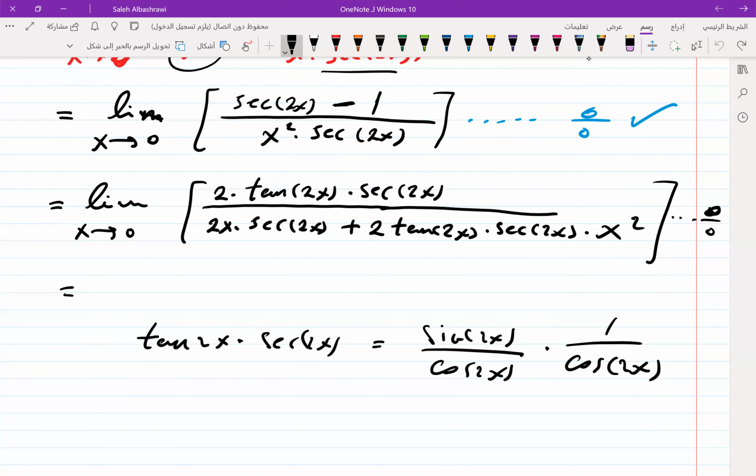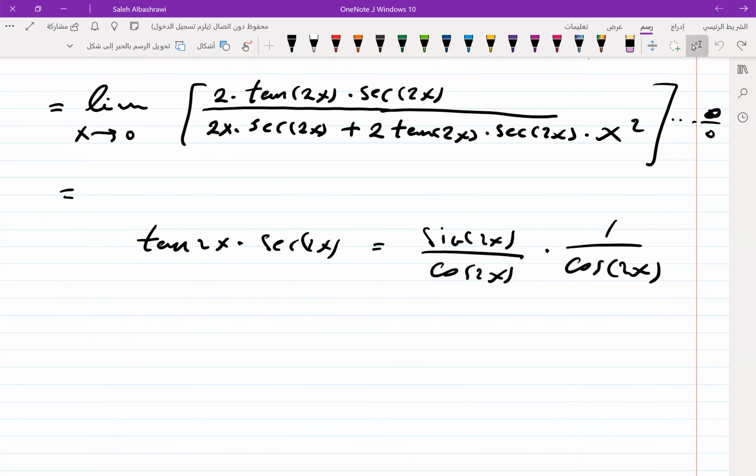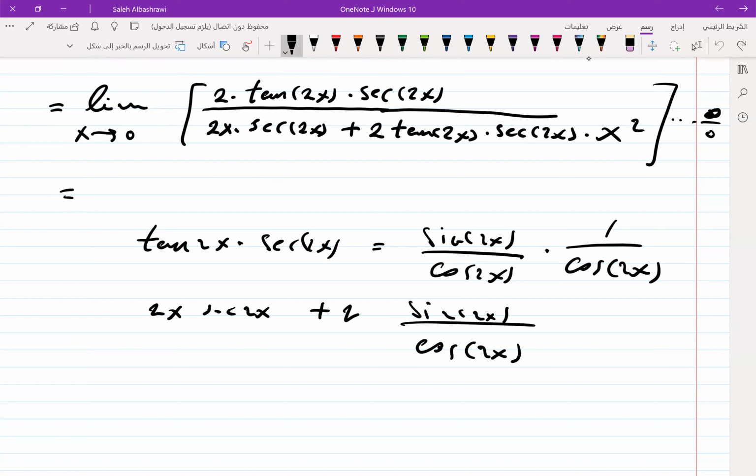What about the denominator? It will be the same thing: 2x multiplied by secant 2x plus 2 times the same sine 2x divided by cosine 2x squared. So you can see, still it is not clear how to simplify it.